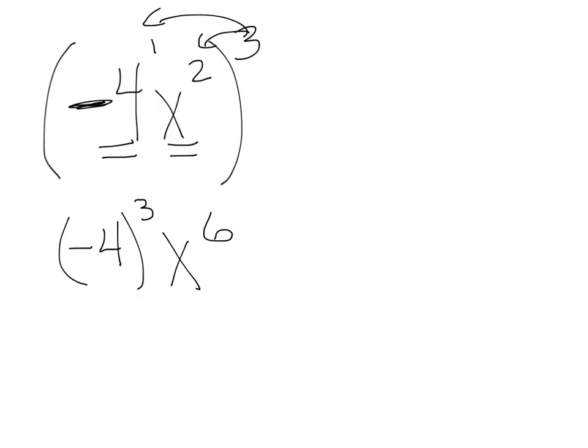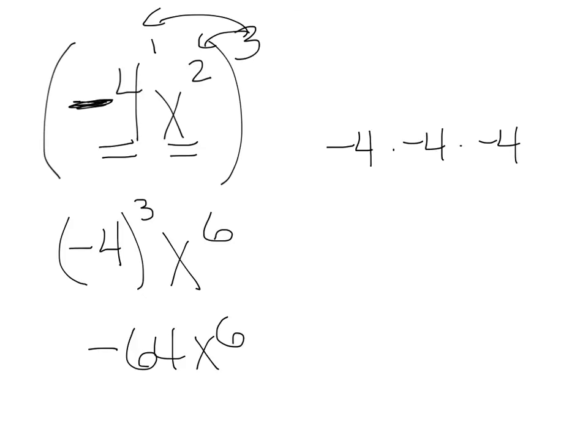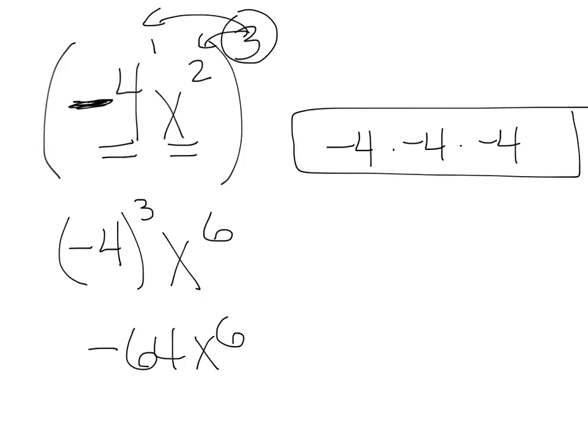So now that means negative 4 times negative 4 times negative 4. That's going to give you negative 64 x to the 6th. All right? If this would have been an even number, like a 2 or a 4, you would have ended up with an even number of negative signs, and the answer would have changed to positive, wouldn't it?